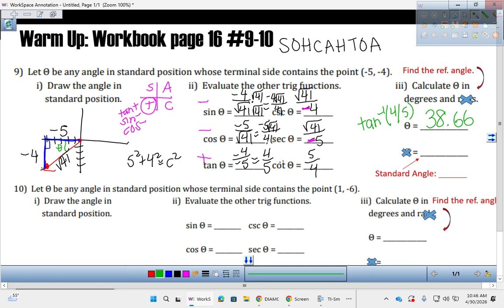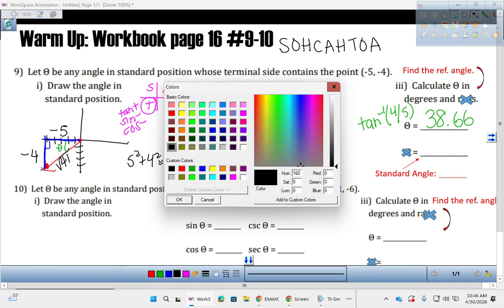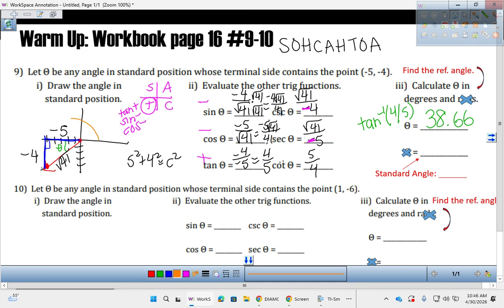What I care is, can you take that angle and tell me what this one is? So the standard angle, we'll do it in orange, is from here all the way around. So I want to see that you can figure out what that angle is, right? This angle, the standard angle, should be something in quadrant 3. So what I recognize is that 180 degrees plus my reference angle together equals this orange angle.